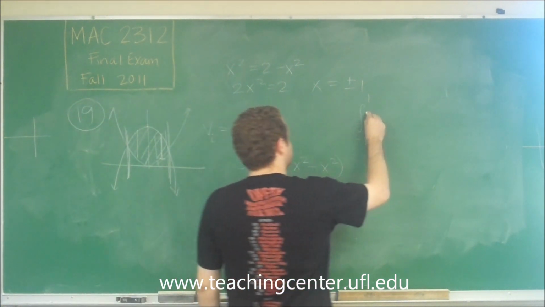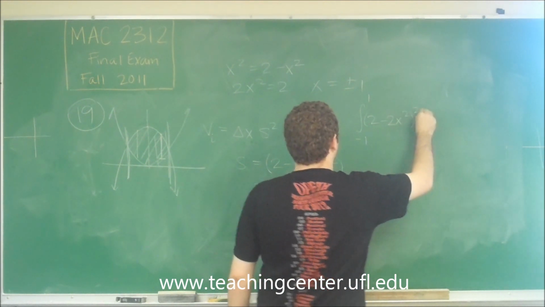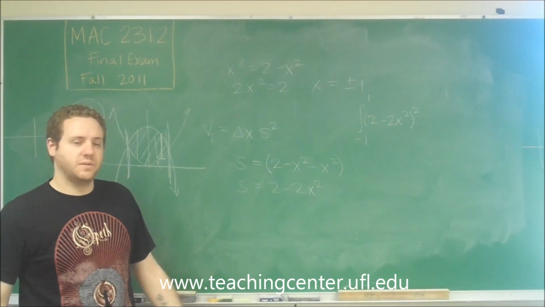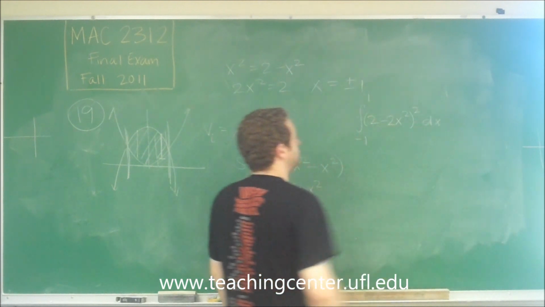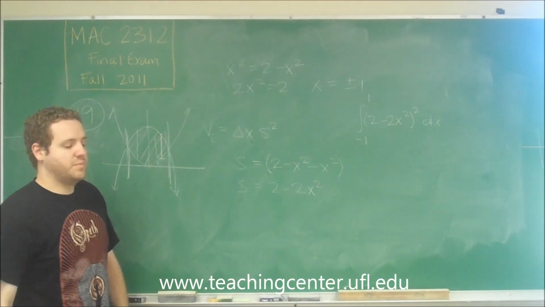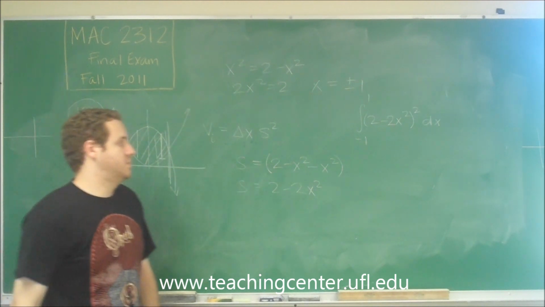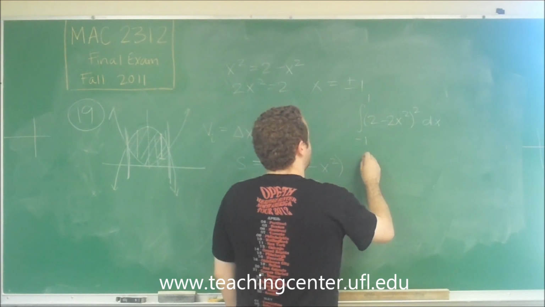So we have 2 minus 2x squared, squared, because this is s, and we're doing s squared because we have both sides, dx. From there, we're ready to do it. We just have to do our antiderivative and expand all of this. So before we do the antiderivative, let's expand this.